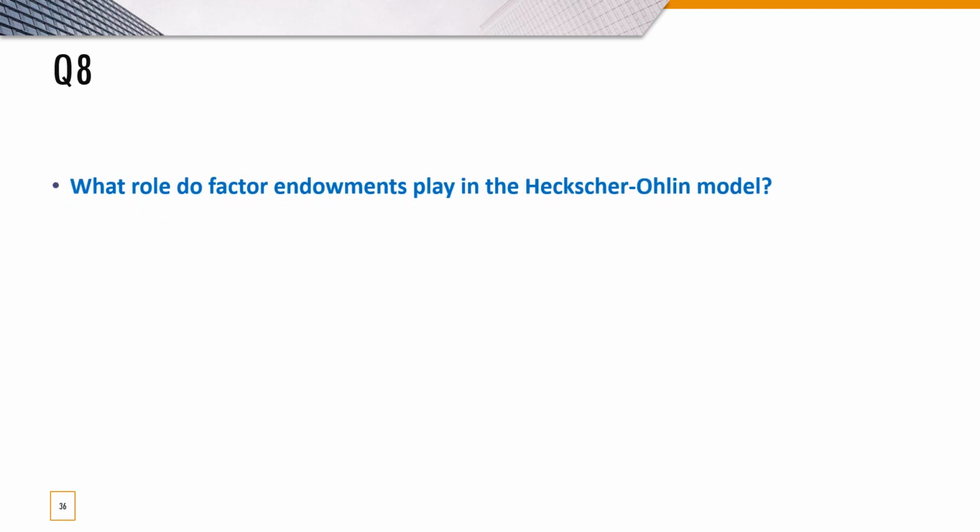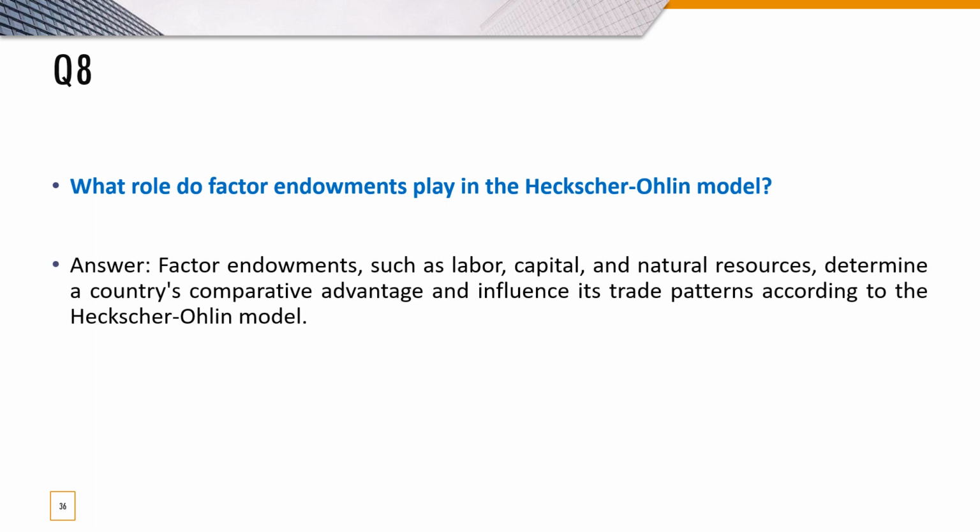What role do factor endowments play in the Heckscher-Ohlin model? Factor endowments such as labor, capital, and natural resources determine a country's comparative advantage and influence its trade patterns according to the Heckscher-Ohlin model.